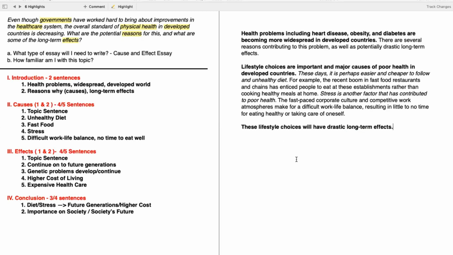And now we're talking about continuing on to future generations. So I'll put this in italics. I'm going to say, if generations continue to partake in these unhealthy habits, they will continue on for generations to come. And this is sort of my long-term effects.